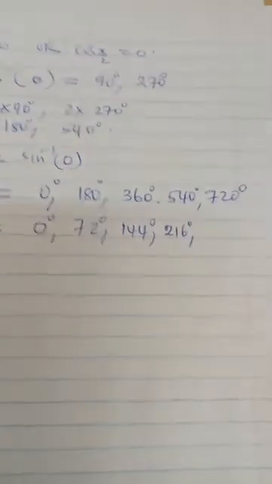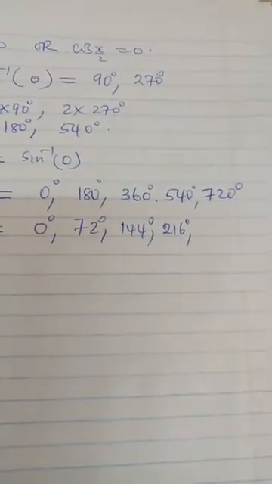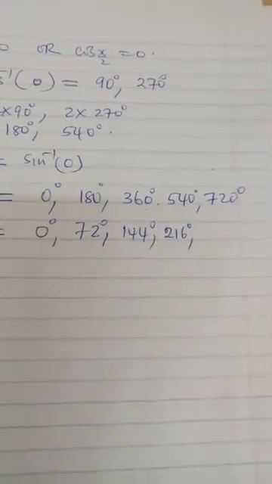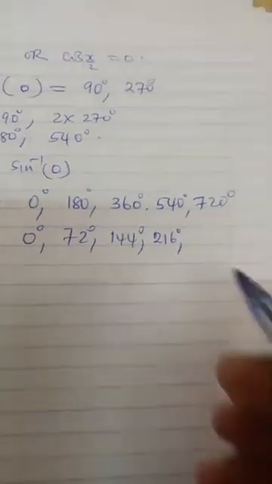Now the 720 degrees is a qualifying angle. We multiply it by 2 and then divide by 5. We'll get 288.